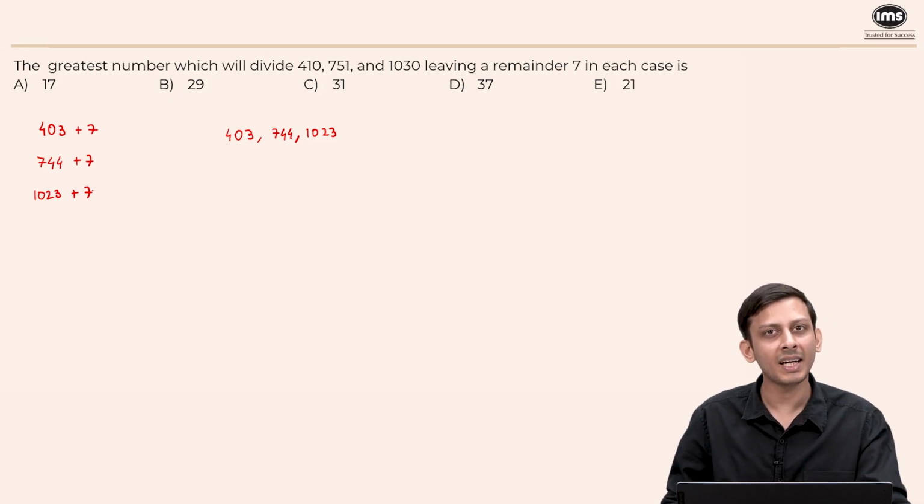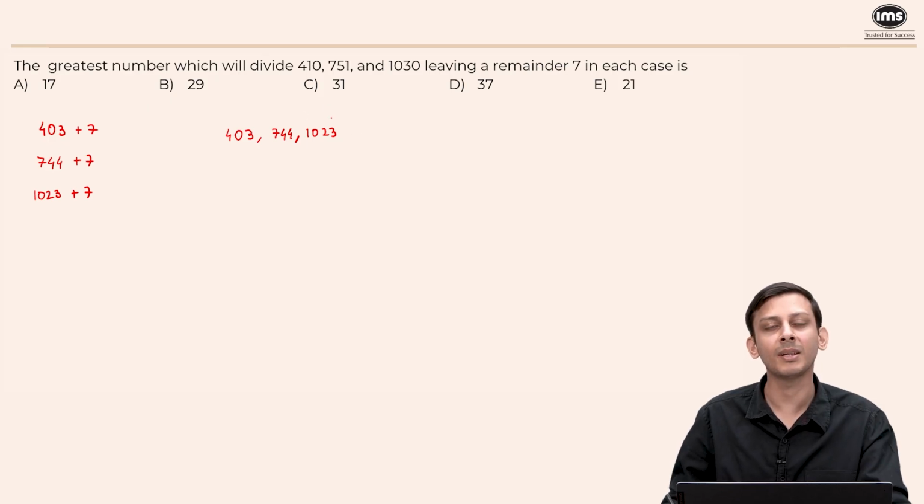If 7 is the part that is remaining, which is not divisible, then the other part, 403, 744 and 1023, has to be divisible by the number we are dividing by. So now we want the greatest number which will divide these, the greatest number by which all of these three will be divisible, which of course means the HCF of 403, 744 and 1023.